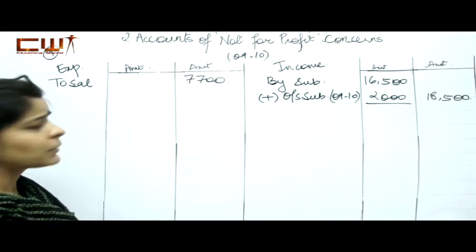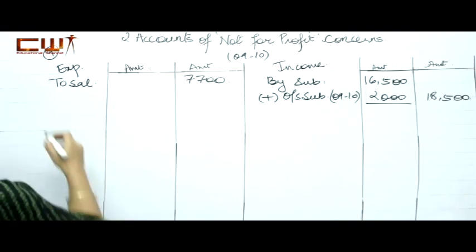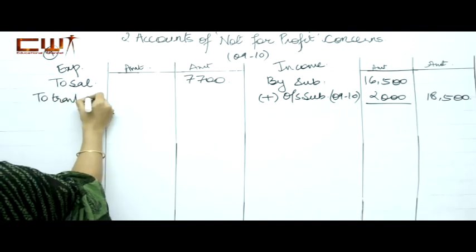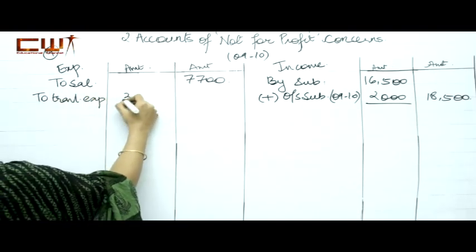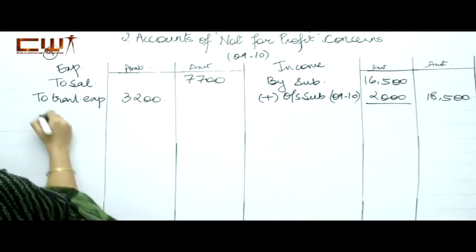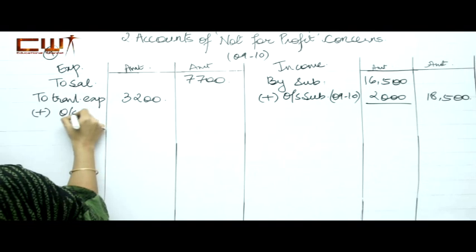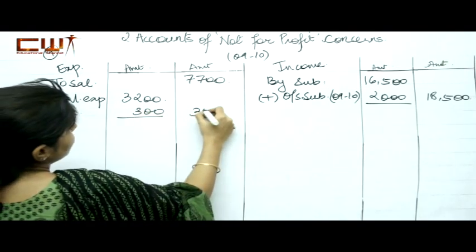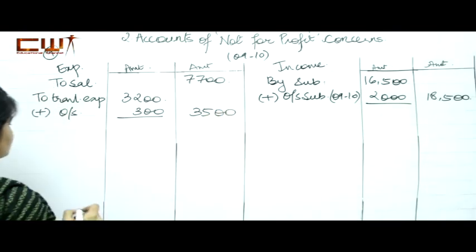So you have traveling expenses of 3,200, plus outstanding of 300. That will give you 3,500, right?